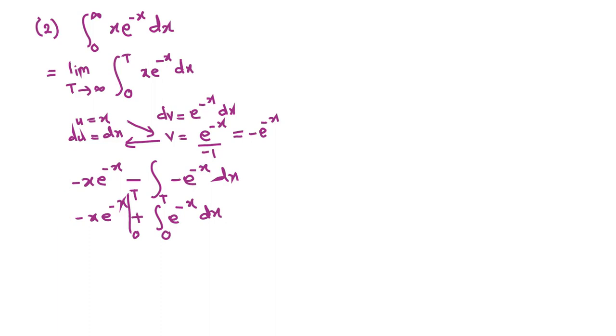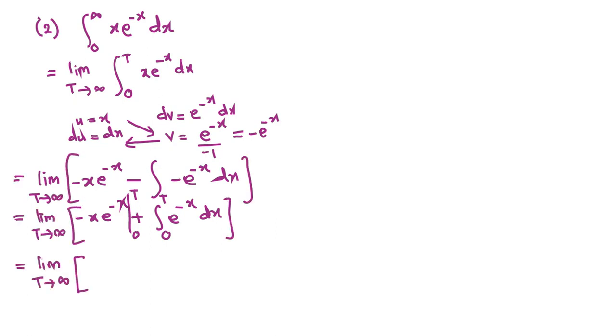Don't forget to put the limit as t approaches infinity here too. Next we integrate the second one: e to the negative x divided by negative 1 from 0 to t.